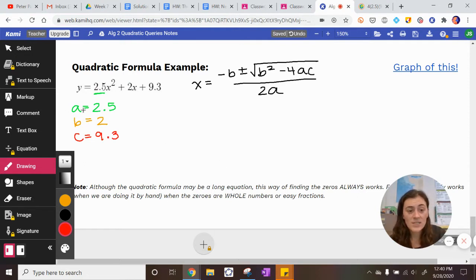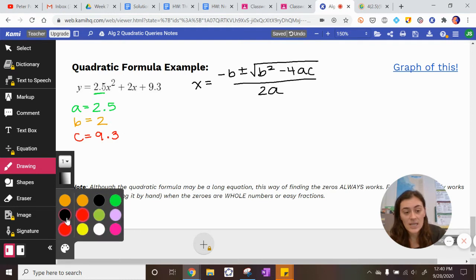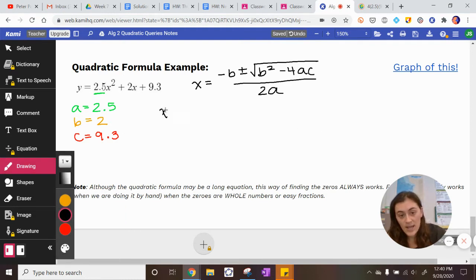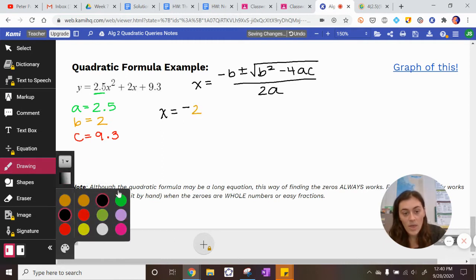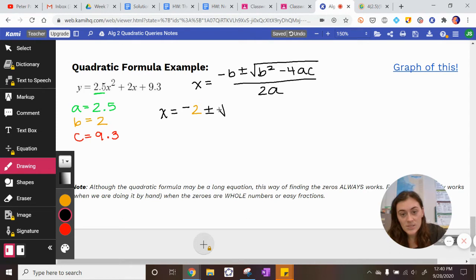And now all we're going to do is substitute these values into our equation. So we're going to have x equals negative b. Our b is 2, plus or minus the square root of b squared. So again, we've got b is 2, and we want to square it. And then minus 4 times a. Our a is 2.5.